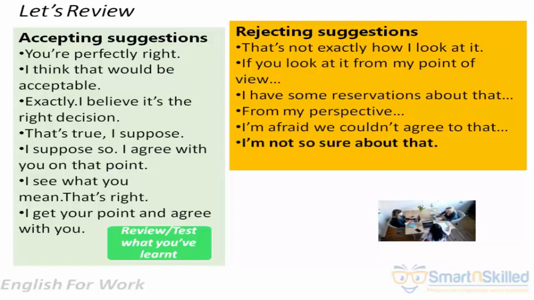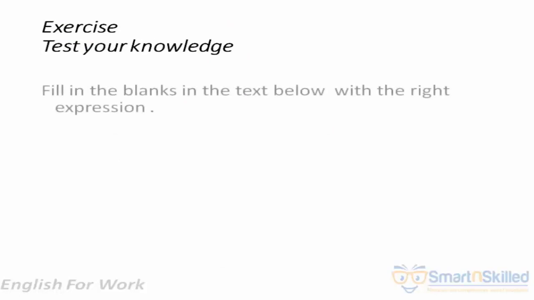I'm not sure, or I'm not so sure about that." Okay? I see it differently. You can review these expressions again and again when you have time. Okay? Now let's test your knowledge and do the exercise. Fill in the blanks in the text below with the right expression.